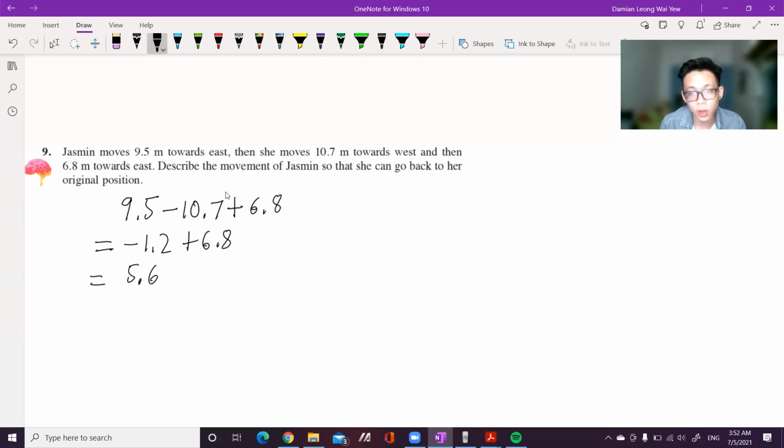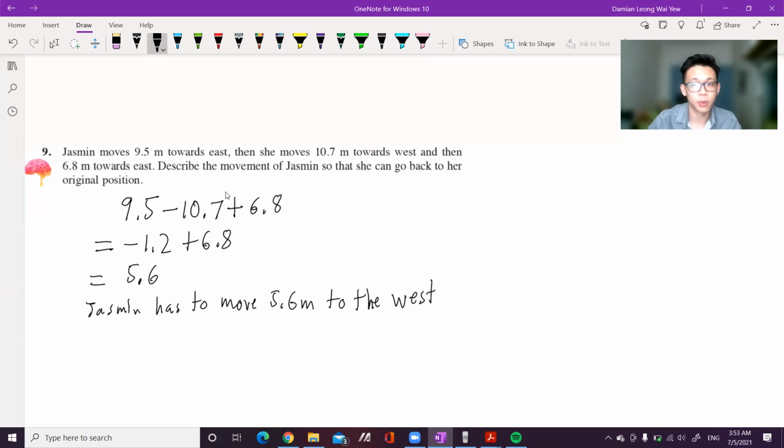For her to get back to the original position means go to 0, so she has to minus 5.6, which means to the west. Jasmine has to move 5.6 meters to the west. That's for question 9.